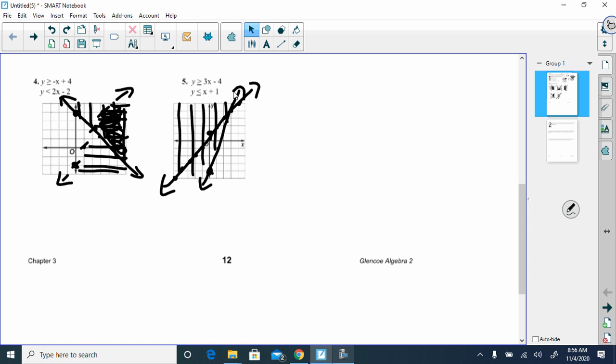And where am I shading for this one? Below. So the region we double shaded is this area right in between the lines. So just make sure you make that section dark. Any questions on the graph part? Good there? Okay, flip it over on the back.